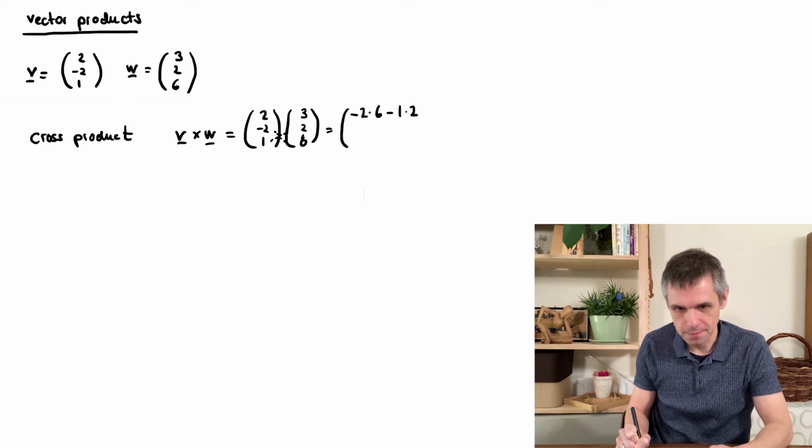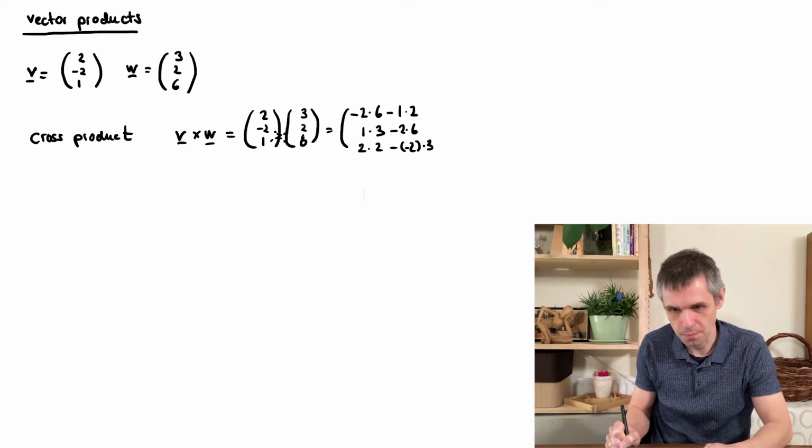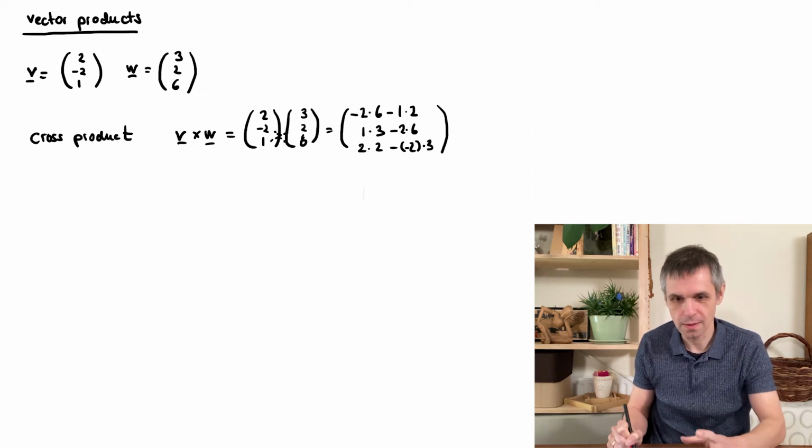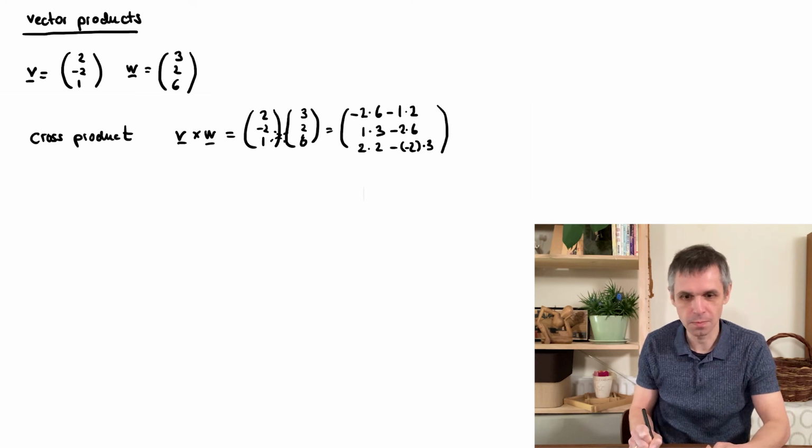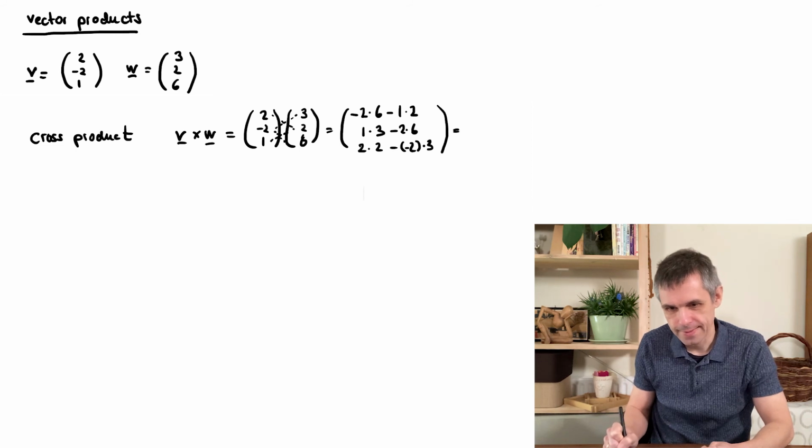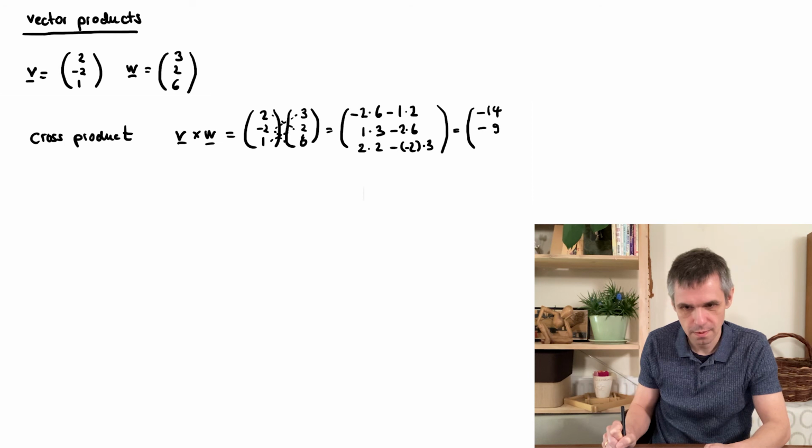And then we have 1 times 3 minus 2 times 6, and finally 2 times 2 minus -2 times 3. So these are all certain crosses that we can draw between these components. And then we can simply work this out, which gives us -14, -9, and 10.